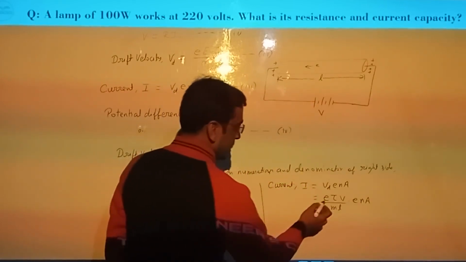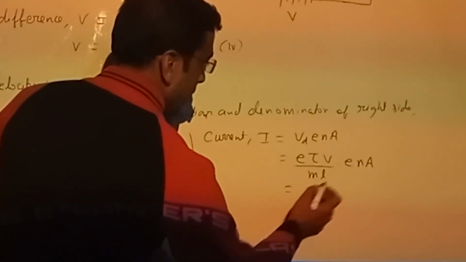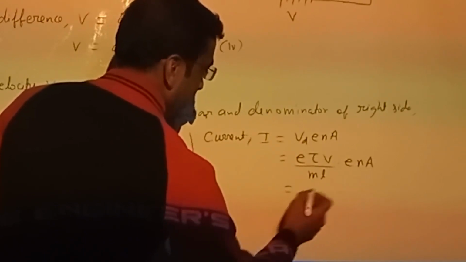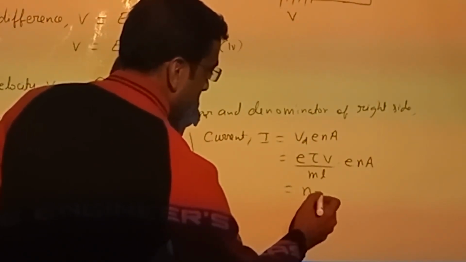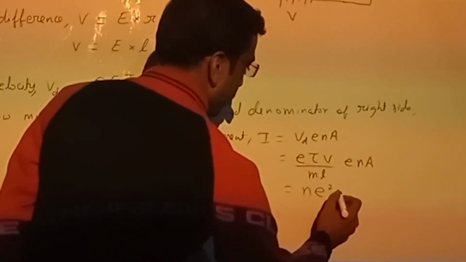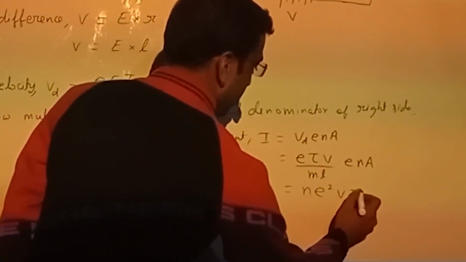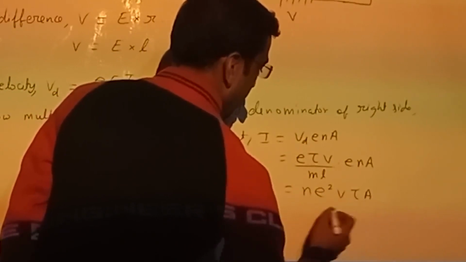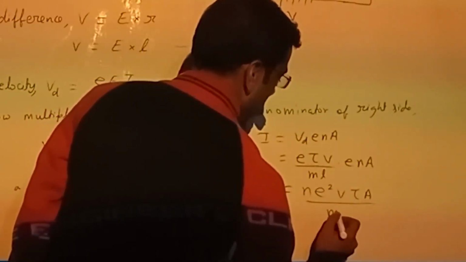Now e into e and n, firstly I am writing, N e square V tau A upon mL.